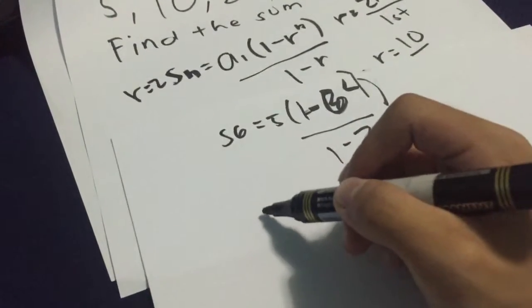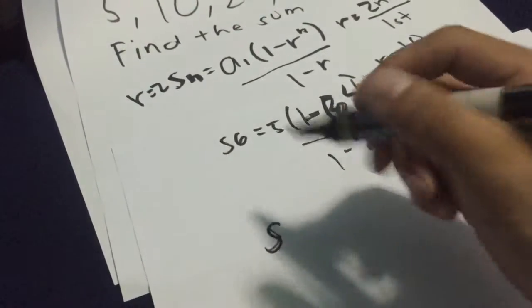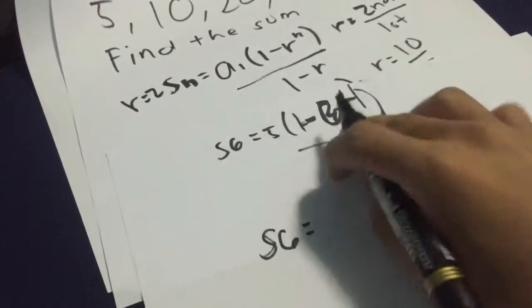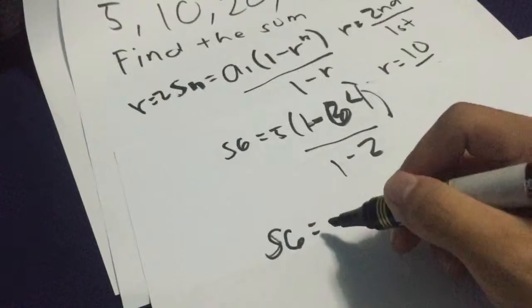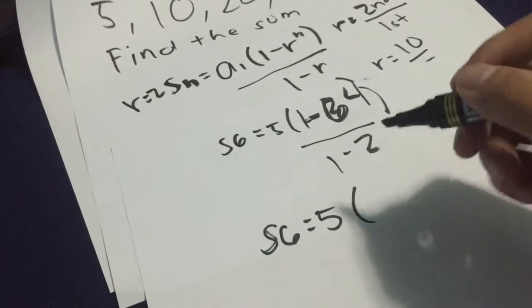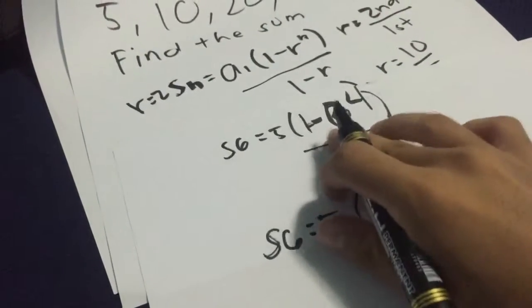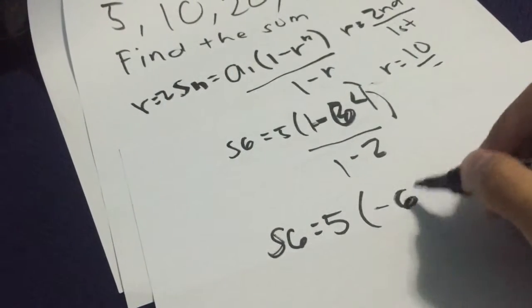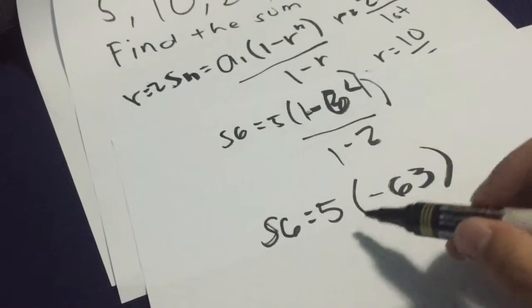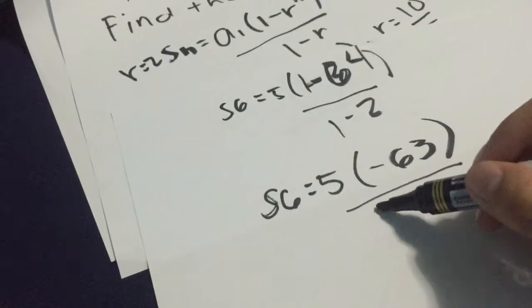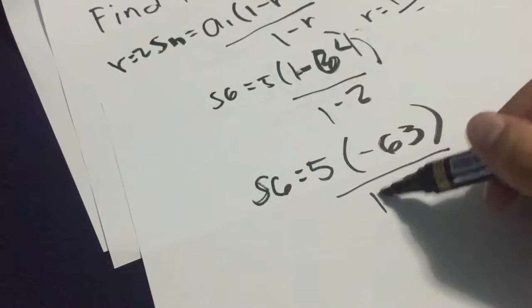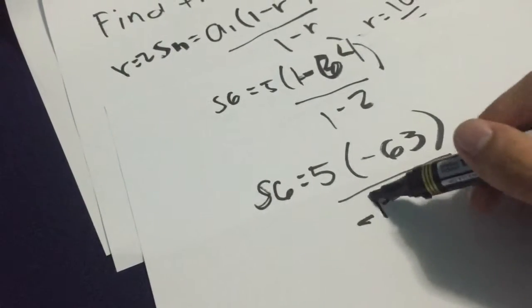So we're going to proceed to our formula. S6, sum of the 6 terms. So we're going to subtract these two. So 5 times 1 minus 64, this is negative 63, and 1 minus 2 is equal to negative 1.